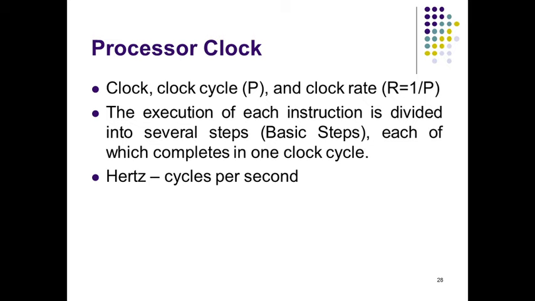The term million is denoted by the prefix mega, that is M. And similarly, billion is denoted by the prefix giga, G. Hence, 500 million cycles per second is usually abbreviated to 500 megahertz, and 1250 million cycles per second is abbreviated as 1.25 gigahertz. The corresponding clock periods are 2 and 0.8 nanoseconds respectively.